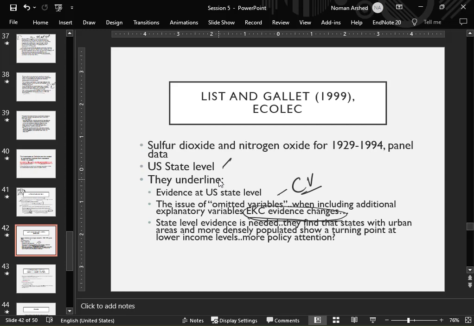State level evidence is needed. They find that states with urban areas that are more densely populated show turning points at lower incomes, so more policy. So first, the EKC is sensitive to control variables. Secondly, there's one indicator they talked about, that more densely populated states show a lower turning point.